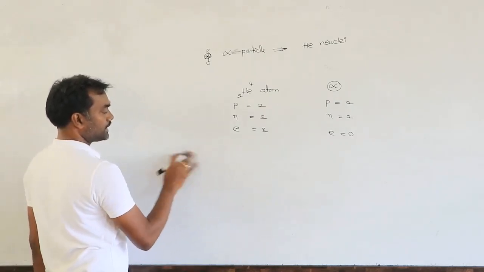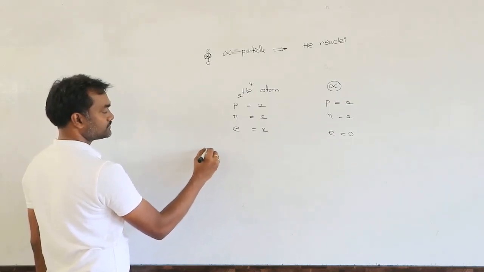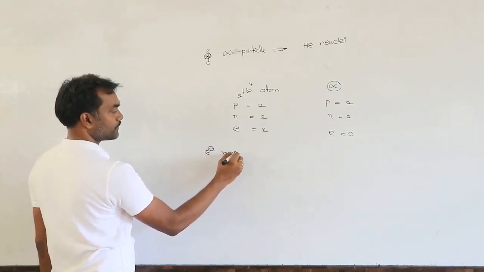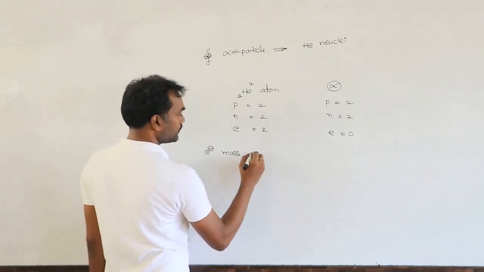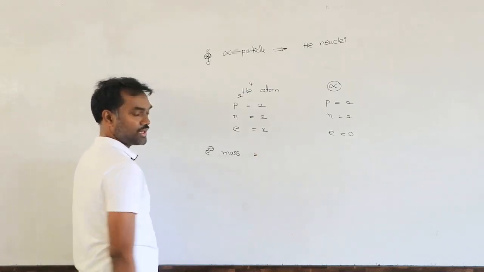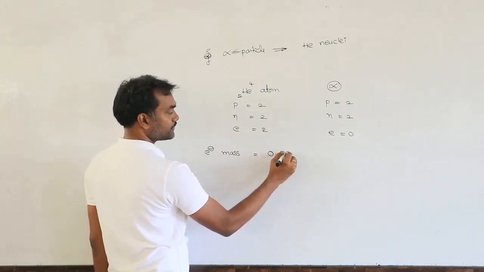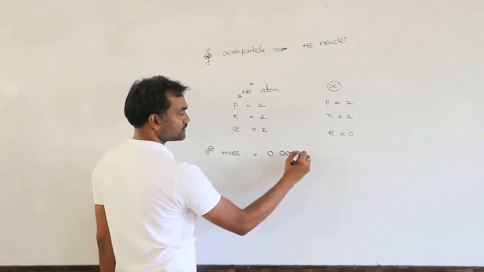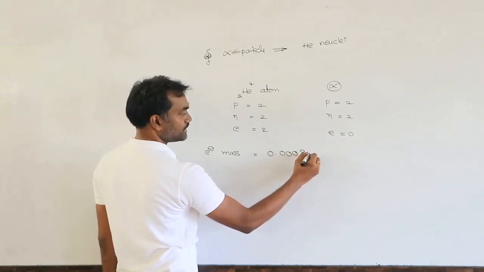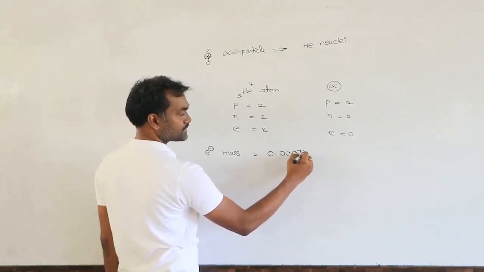Next, the electron mass in atomic mass units is about 0.000 and so on, 8, 7, 8 or something.